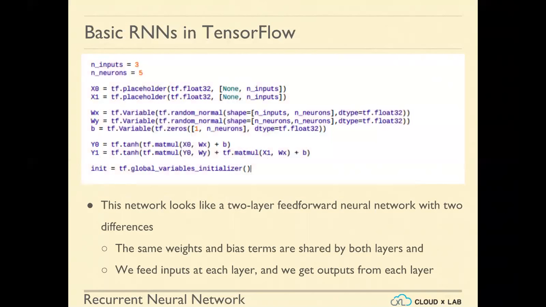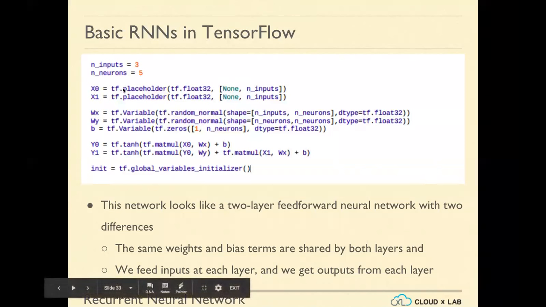The total number of inputs is 3, meaning the columns in our input dimension, the number of input features, are 3 in our data, and we are choosing 5 neurons.